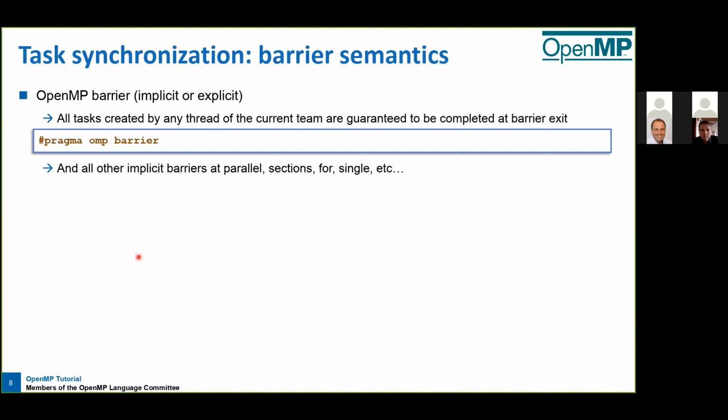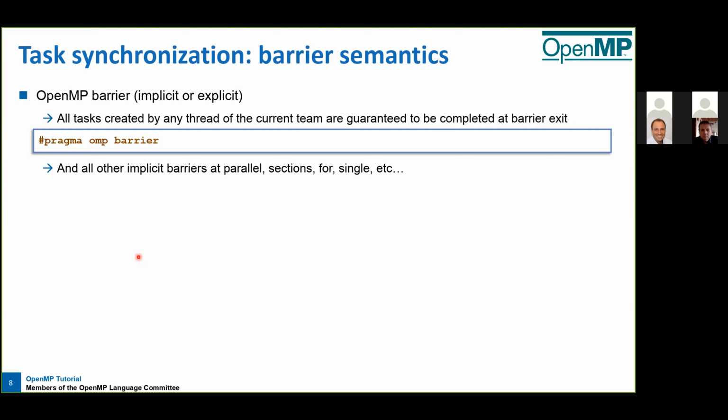If you want to wait for all the tasks to be completed, there's the barrier. You know the barrier from the threads. It can only be passed after all the threads have encountered the barrier. And now with the introduction of tasking, a barrier means it can only be passed if all the threads have reached the barrier and all previously generated tasks have been completed.